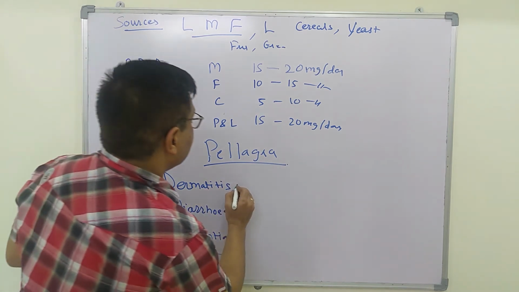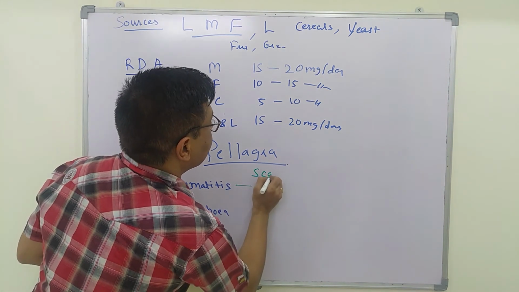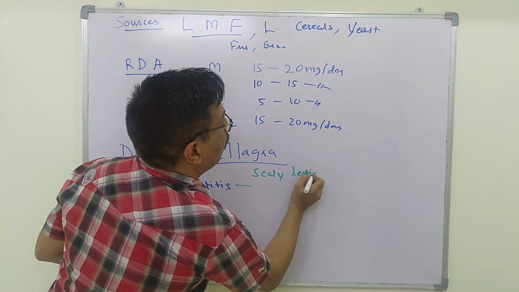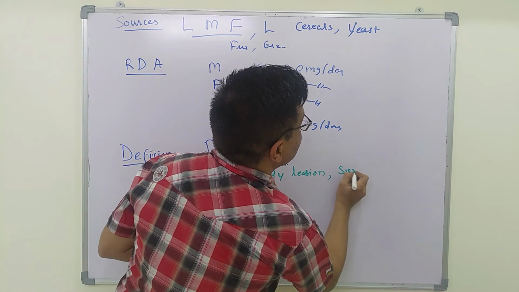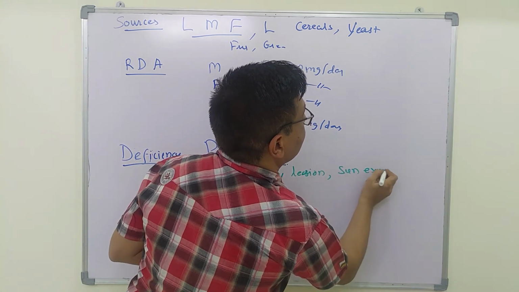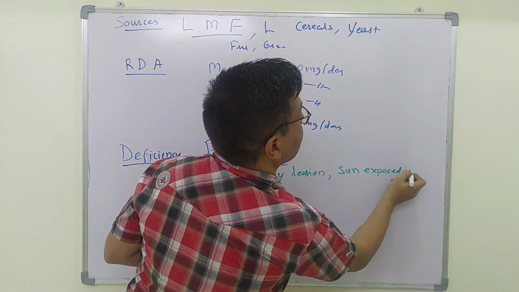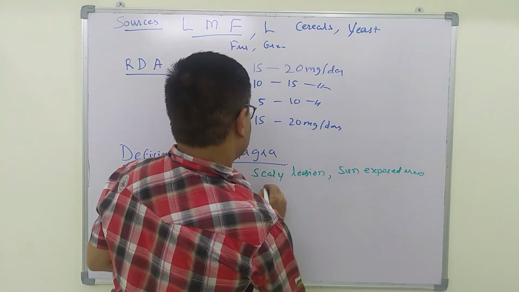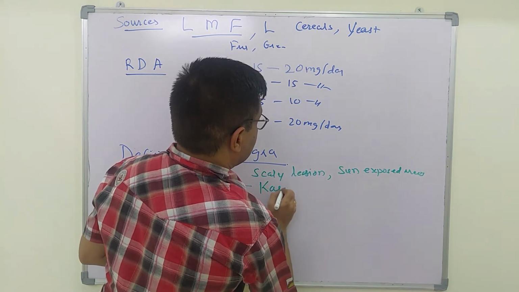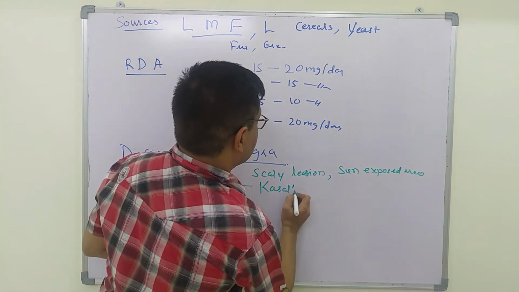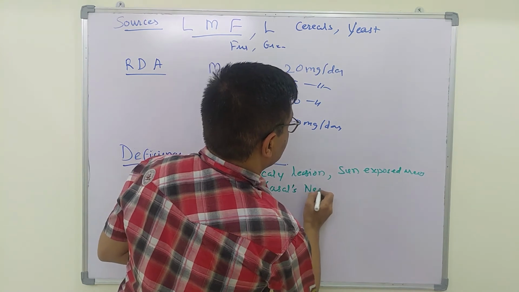In the dermatitis, there occur scaly lesions on sun exposed areas. When it is around neck, it is called as Casal's necklace.